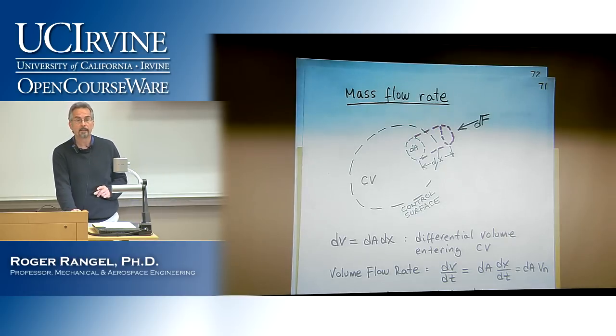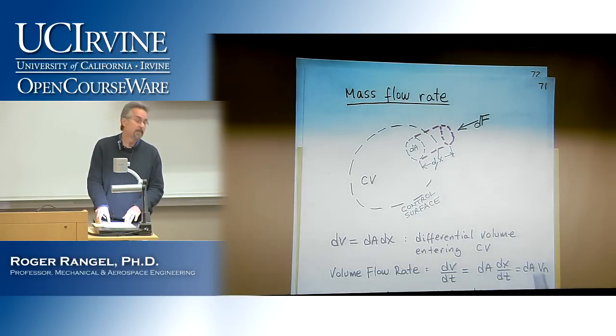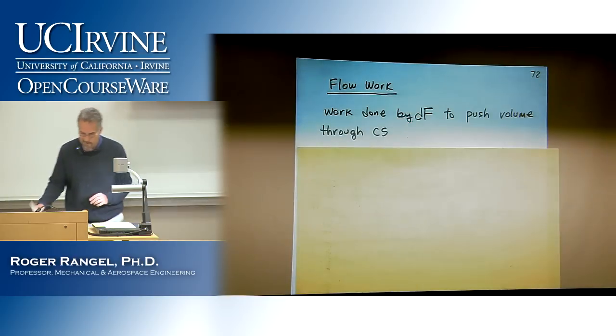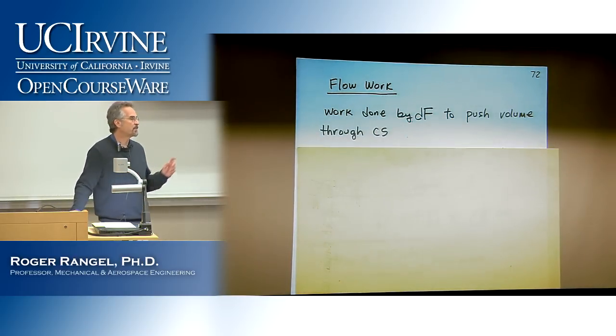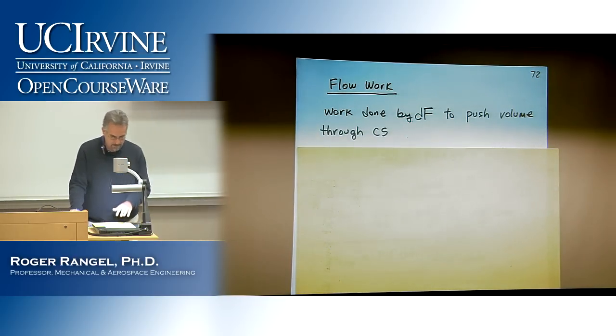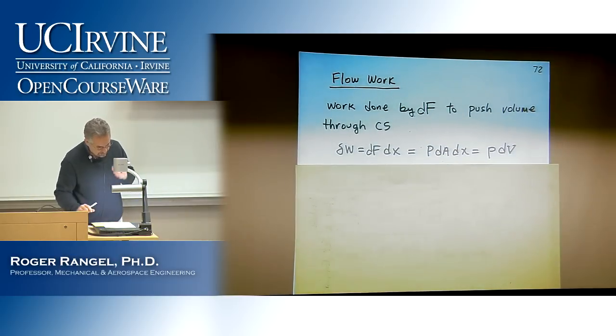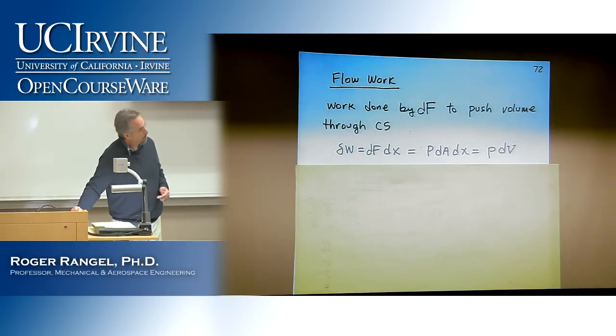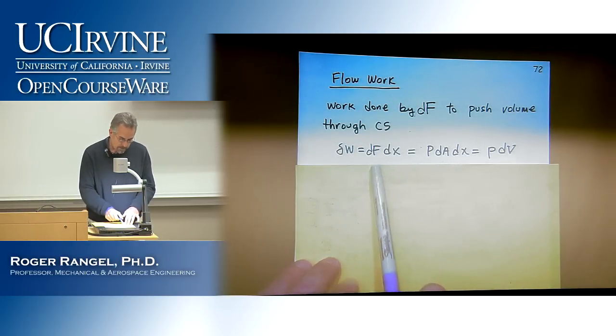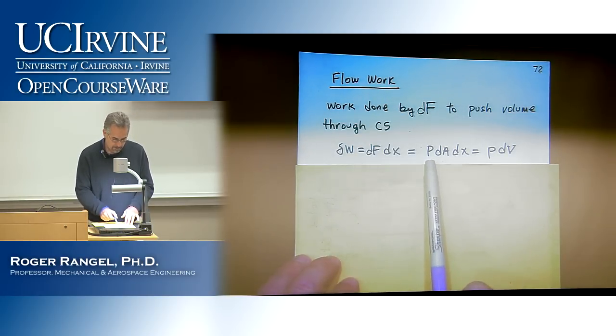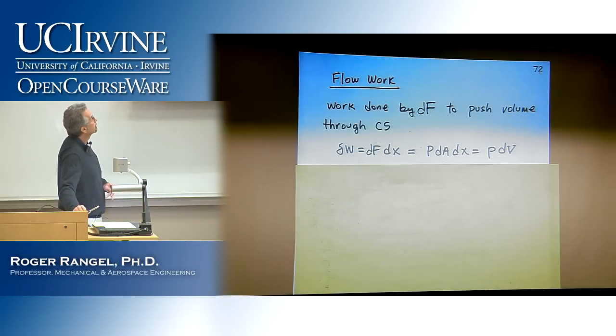Say that again. dF times dx, right? It's the force times the displacement. We don't have to worry about integrals because it's all differential quantities. So that work is just dF dx. And like you said, you brought up pressure a moment ago. I can write, of course, the dF as the product of the pressure times the area.